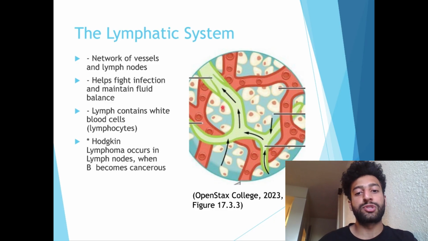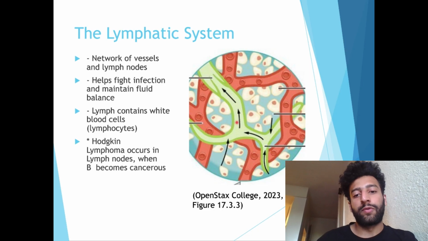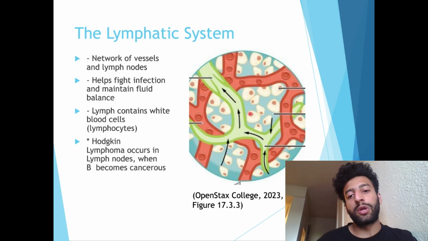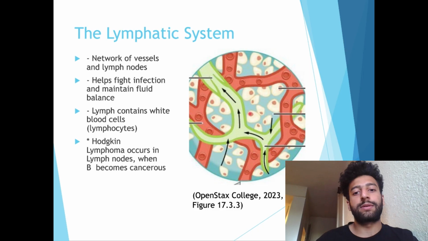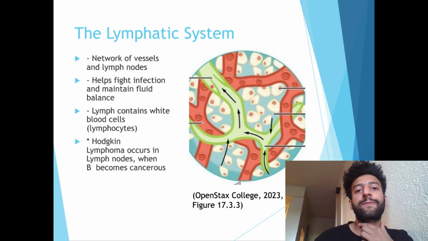As you can see in this picture, those are the lymph ducts which carry lymph, and that lymph is the fluid retrieved from the interstitial space around the cells. That fluid can contain proteins, microbes, and abnormal cells, and it flows through those ducts and goes to the lymph nodes.